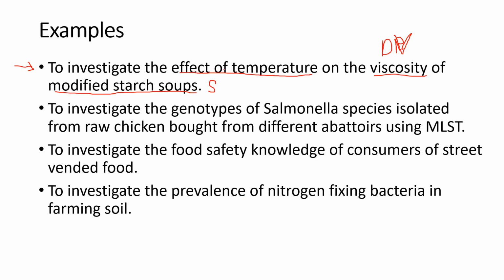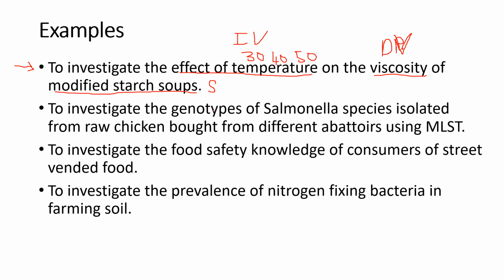Now the temperature will automatically be our independent variable, because we are going to set up the experiments at different temperatures. So we are going to have different levels of temperature, maybe 30, 40, and 50. So this is our independent variable.